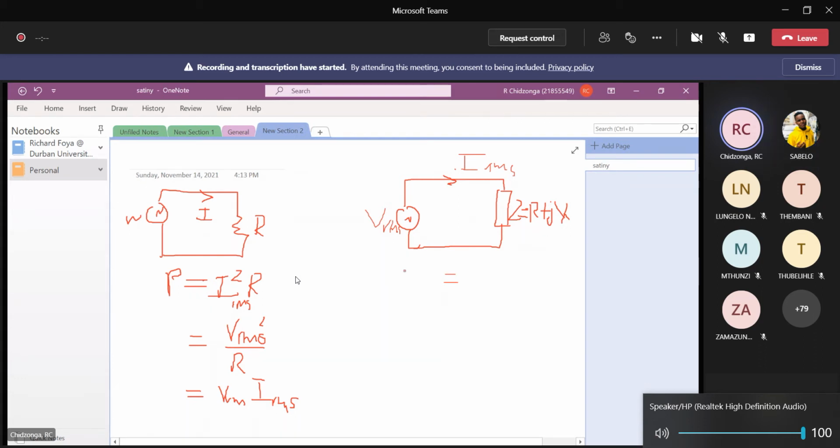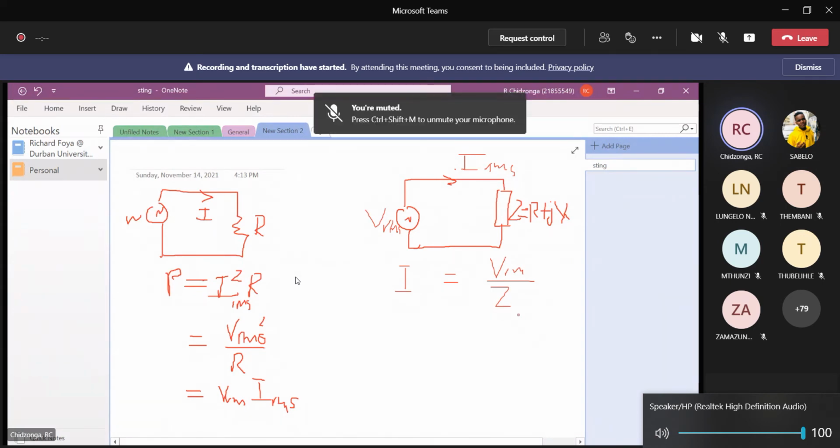We can write that the current that is going to flow in this network is going to be the VRMS divided by the impedance. That is the current.